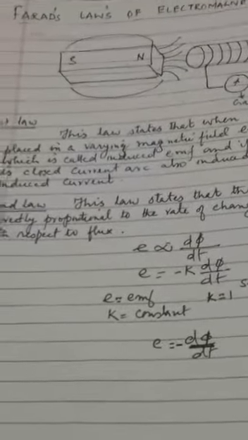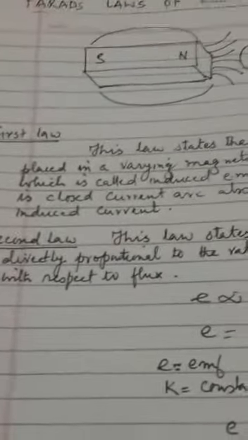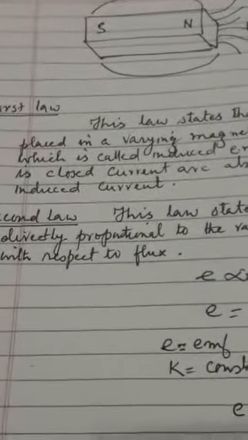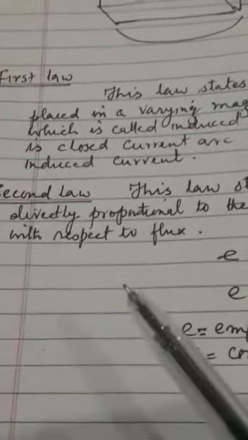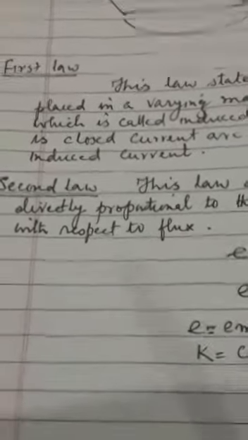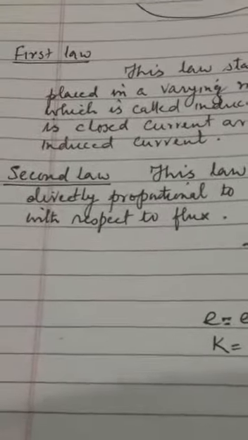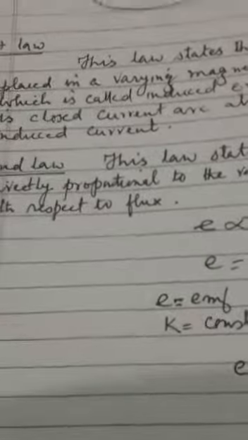Lenz was another scientist who said that Faraday's laws were given, but Faraday could not explain the direction of the current, in which direction the current could move. That's why Lenz gave his own formula, in which he described the direction of the current. That will be discussed in the second lecture.